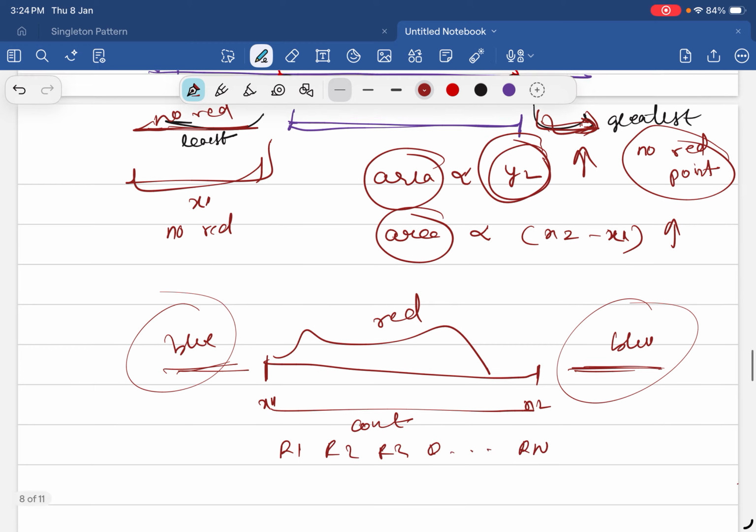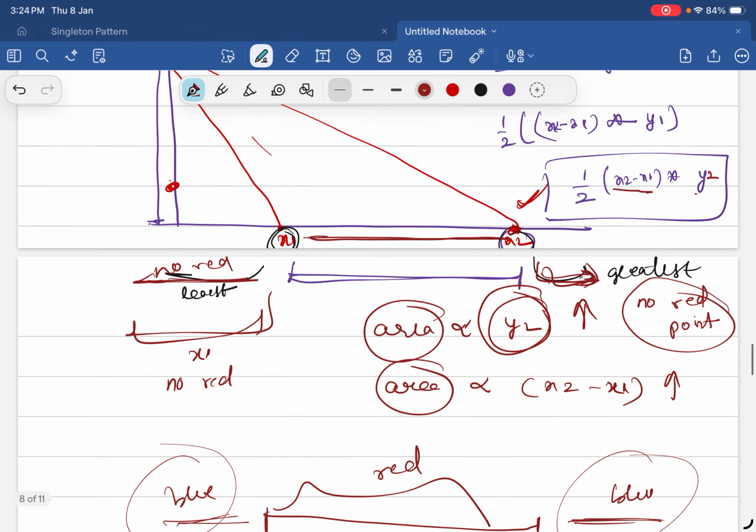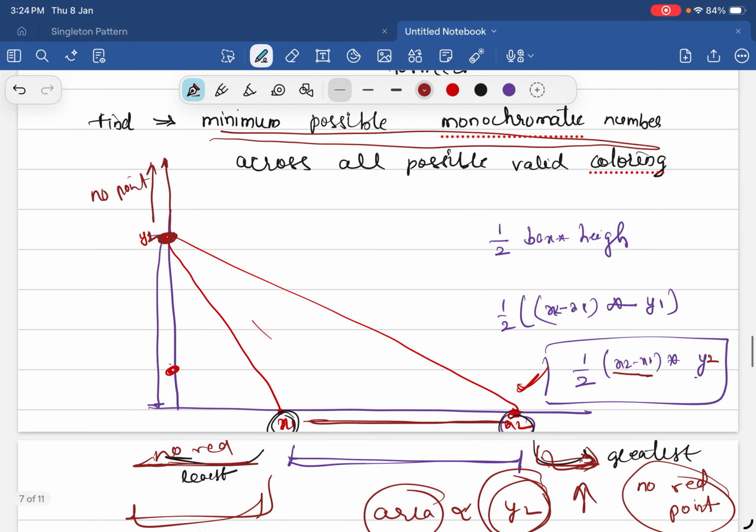In a similar way, I can also choose red points on my y-axis: y1, y2, y3, and so on up to yn. These also need to be continuous, because if yn is the farthest point, then there will be no red point higher than that.